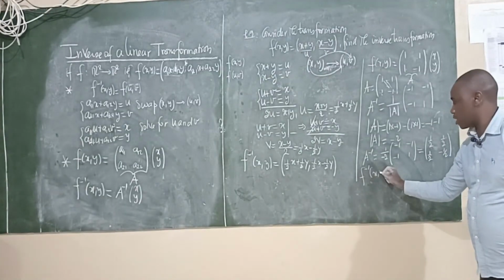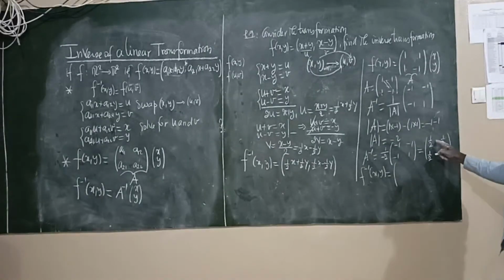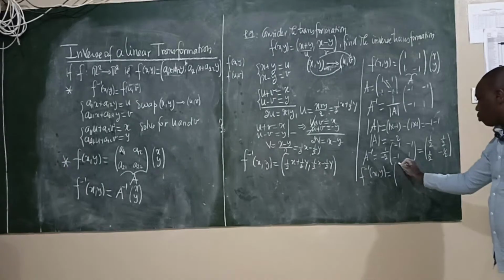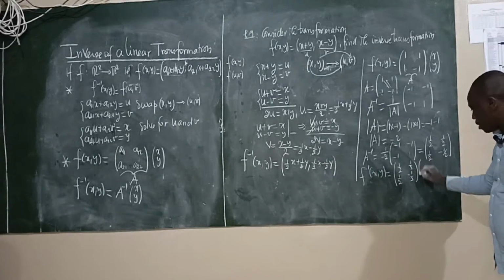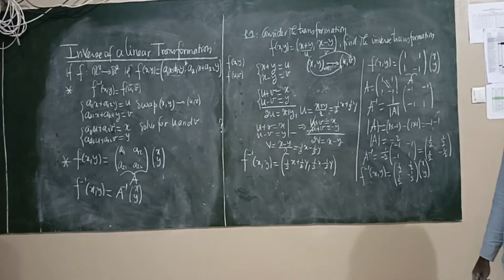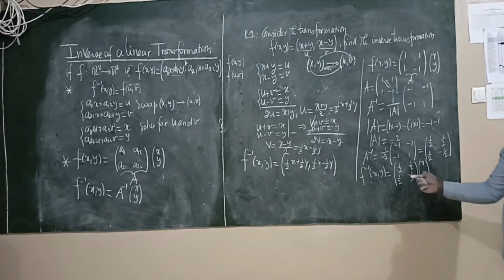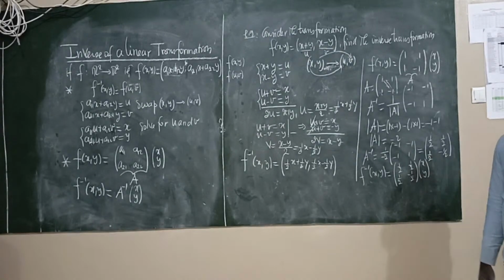So the inverse transformation is going to be 1/2, 1/2, 1/2, minus 1/2 times x, y. Do you remember how we multiply two matrices or a matrix by a vector? Remember that we take row dot column.